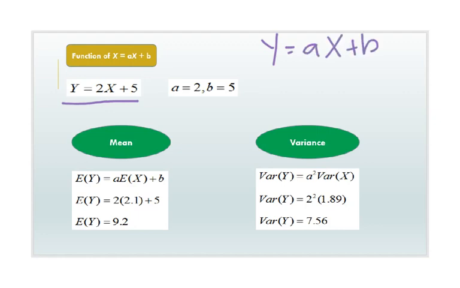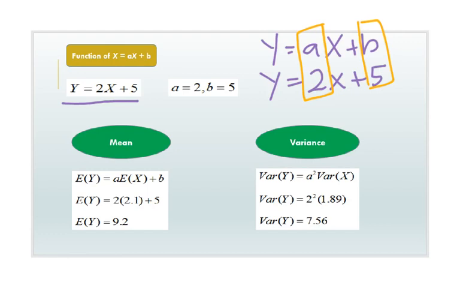So again, given y equals 2x plus 5, automatically you can find your a value and your b value. Here you can see that a is 2 and b is 5.